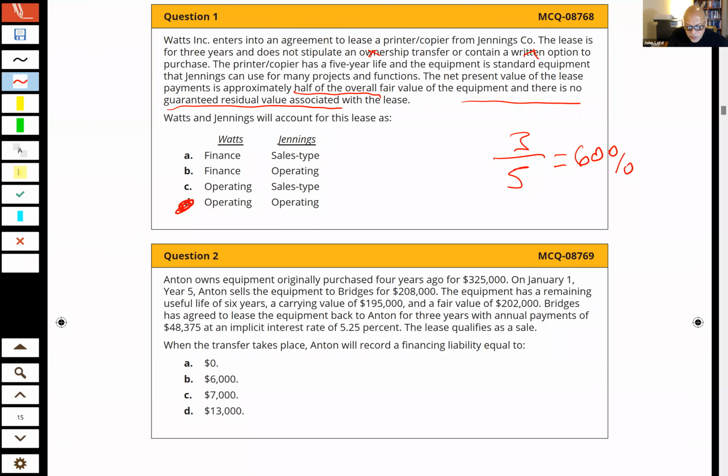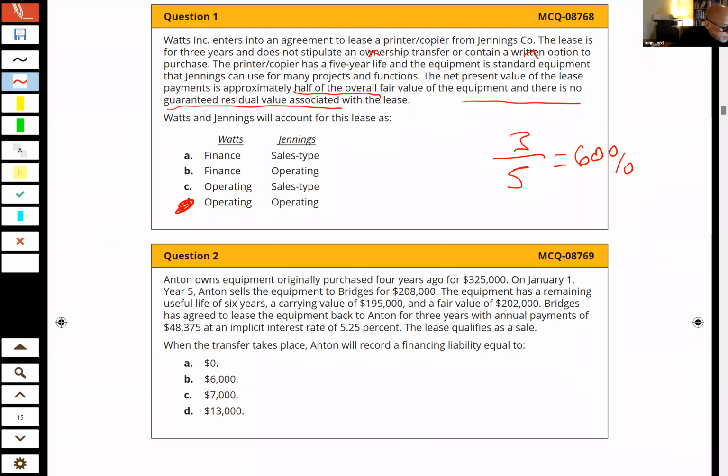And then for the lessor, we didn't see any of those other two criteria coming up down there. I forgot the last two criteria again, sorry. What were those additional two other criteria?